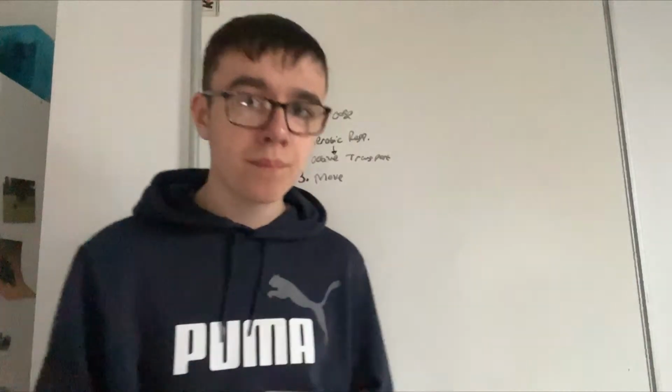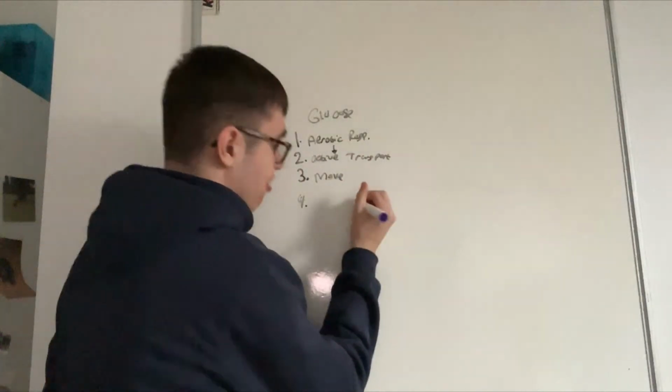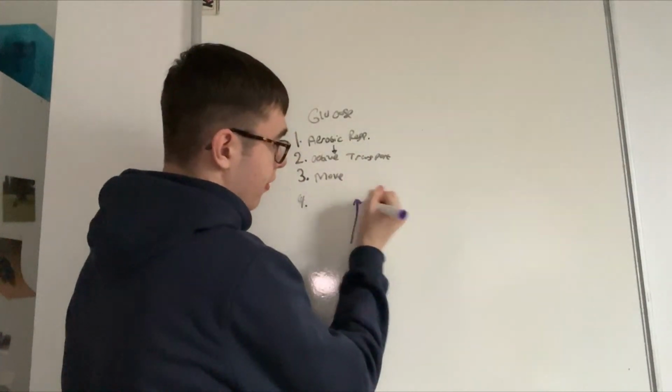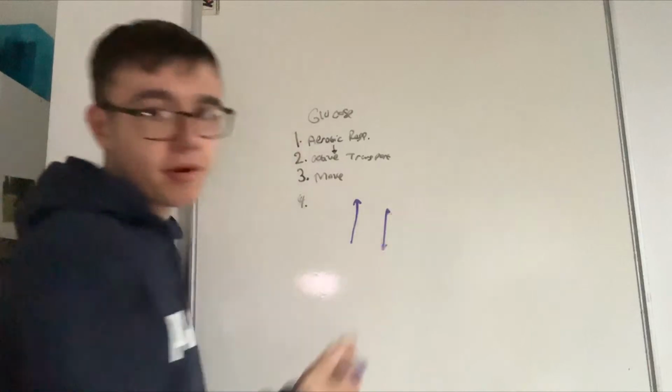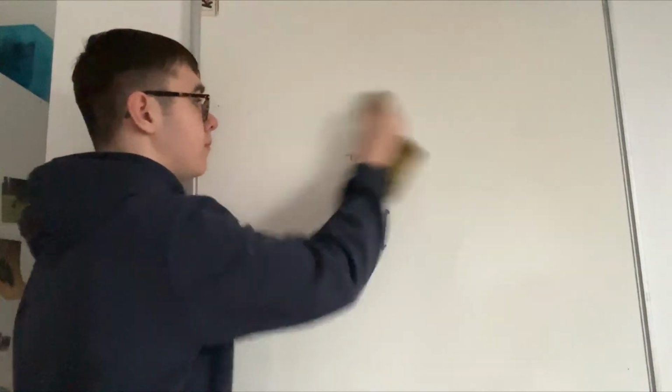Okay, so phloem, I was right. They transport food substances. And the most obvious one that I forgot is the fact that the xylem can only go one direction, the phloem can go both directions. Okay. So, I feel pretty confident with that.